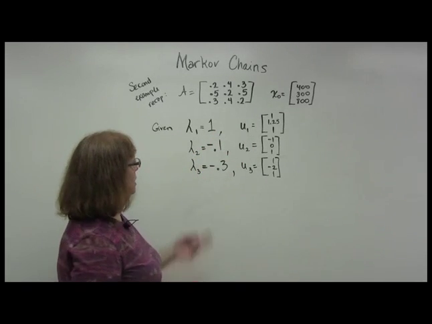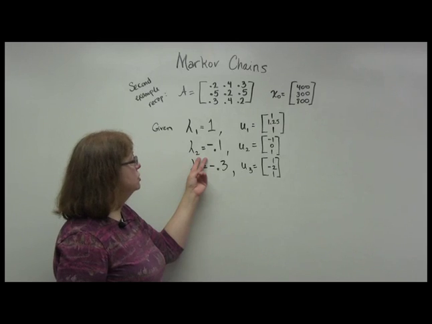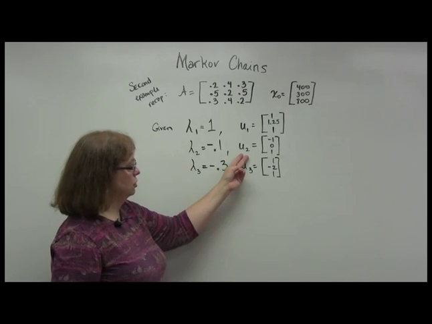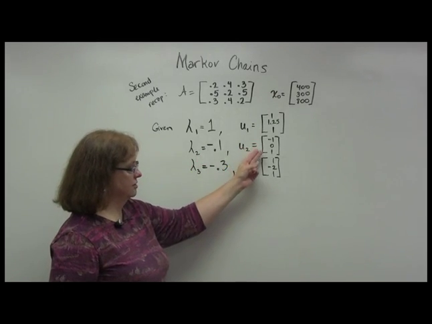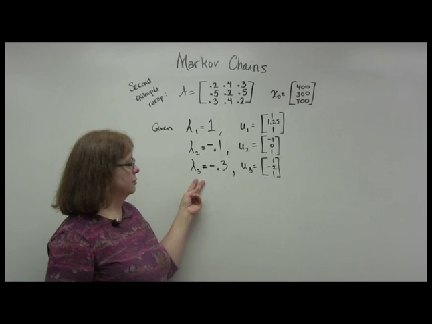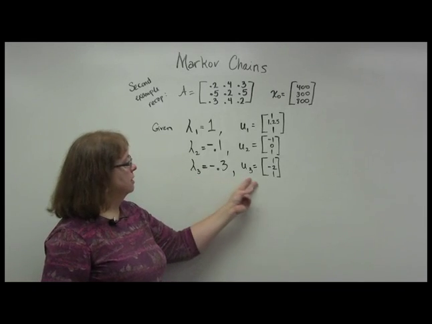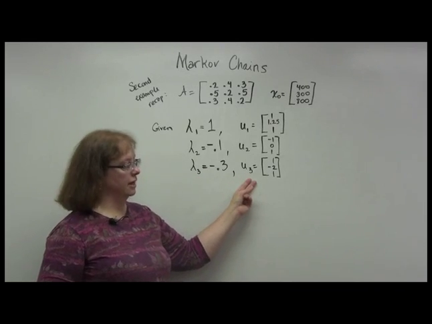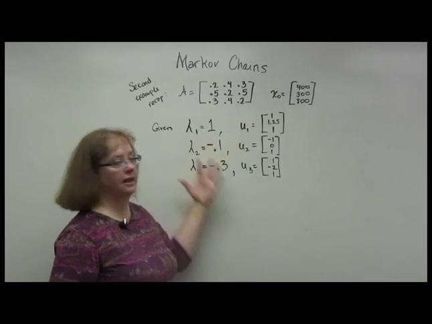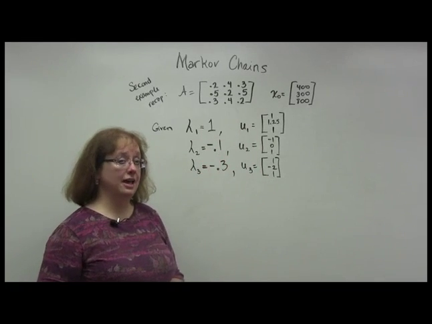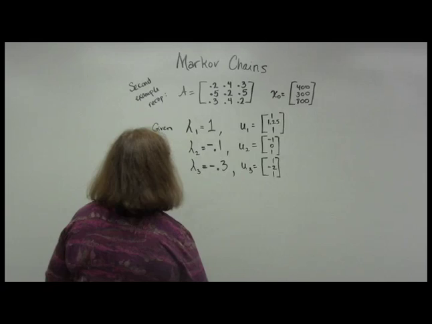For lambda sub 2 equal to negative 0.1, u sub 2 is negative 1, 0, 1. And for lambda 3 equal to negative 0.3, u sub 3 is 1, negative 2, 1. So let's say that I gave those to you, and I wanted you to calculate the steady state vector.